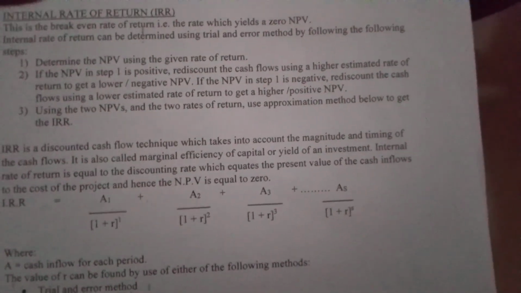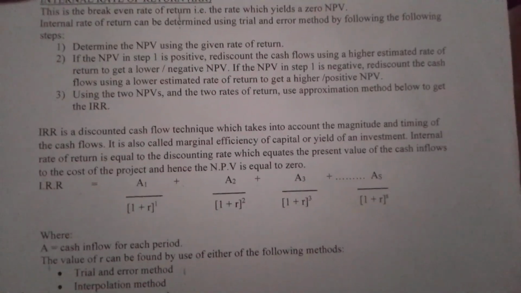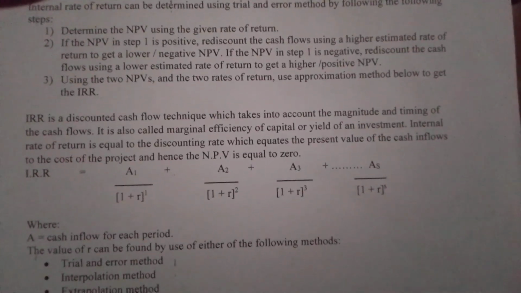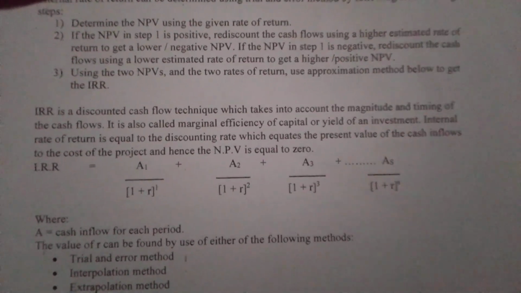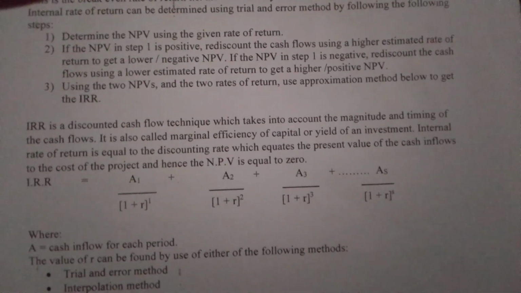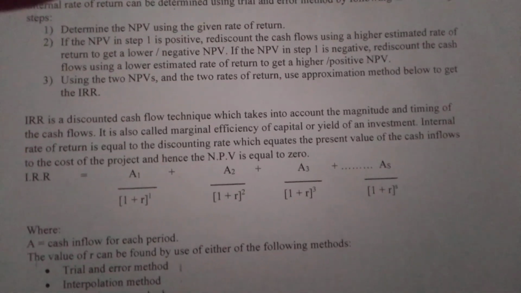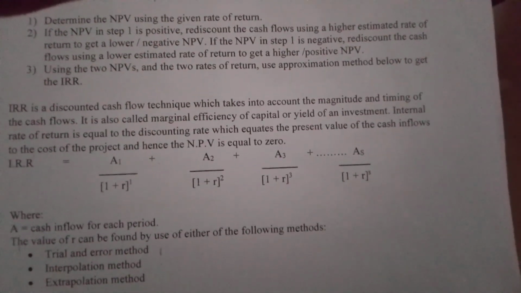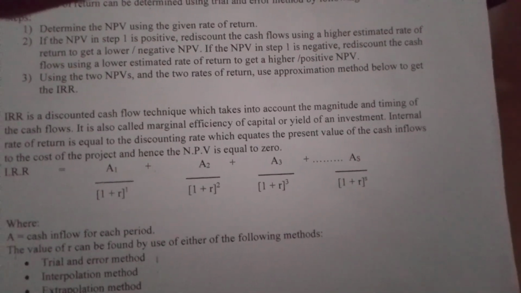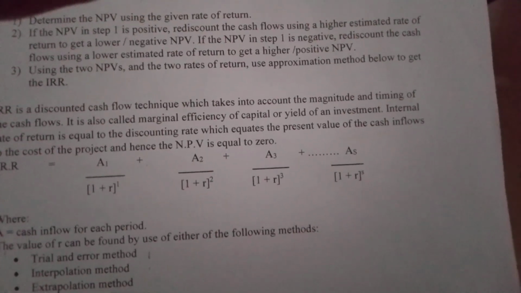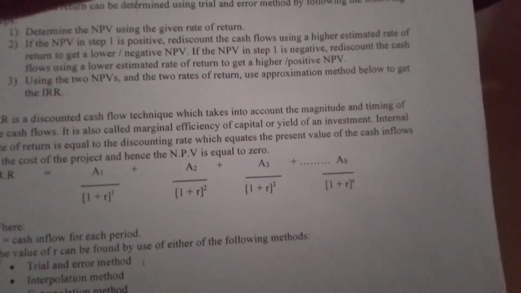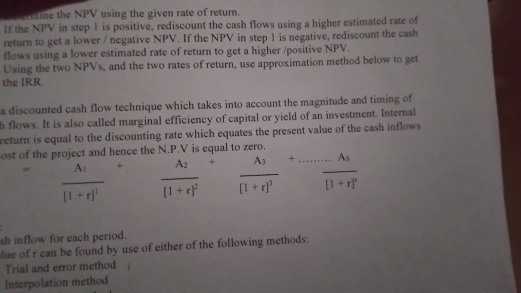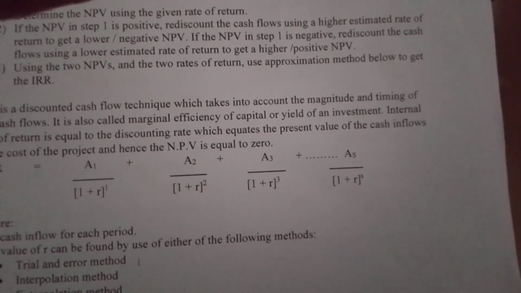So what we are saying is that if you are given a rate of, say, 10%, and you use 10% to calculate net present value, there is a certain figure that you get, which can be either positive or negative. Step number two, assuming you use 10% as your rate and it gives you a positive number, you will discount the cash flow using a higher estimated rate, meaning you can take 15%.